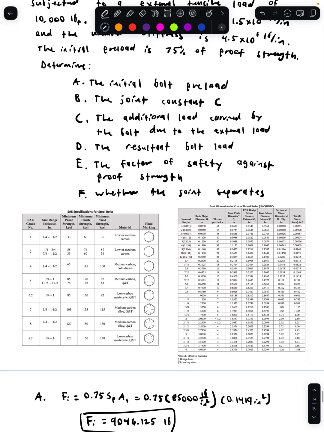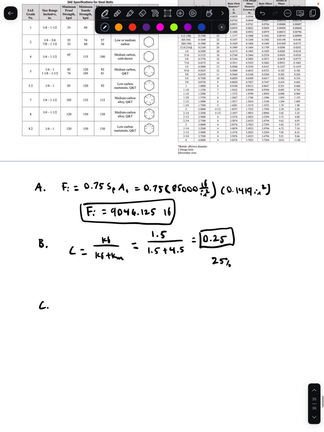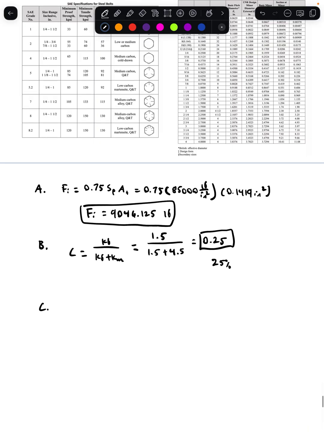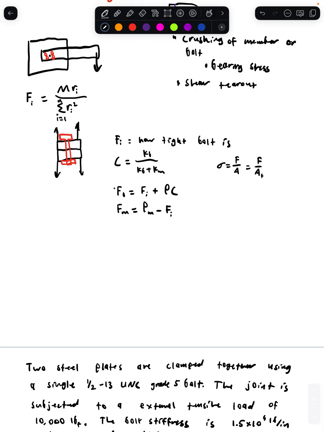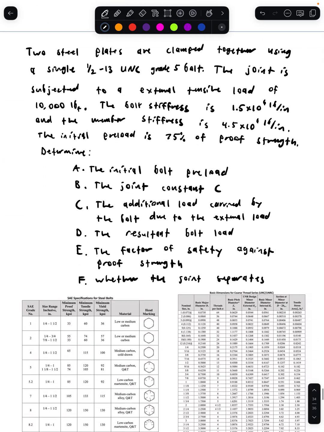So then for part C, the additional load carried by the bolt due to the external load. Okay. So if we look up here, the resultant force on the bolt is equal to the preload plus the load carried by the bolt due to the external load. So this is the only part that we're asked to solve for.